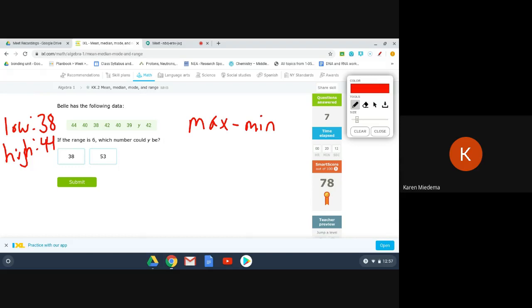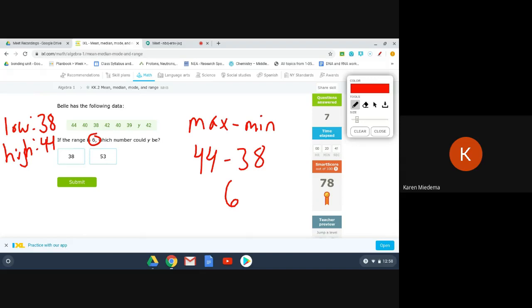Well, right now, if you find the range of this data set, I have 44 minus 38, which gives me 6, which is what the range of this data set is. Now, to answer this question, which number could Y be? Well, if Y were 38, then my range would still be 6, because it would be 44 minus 38, and I would get 6.